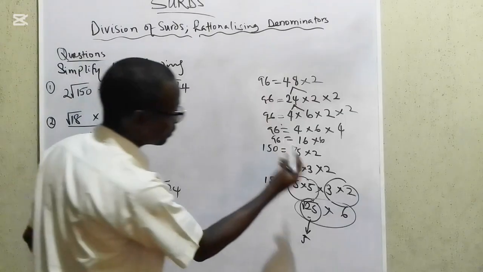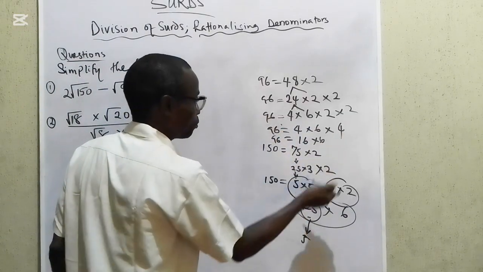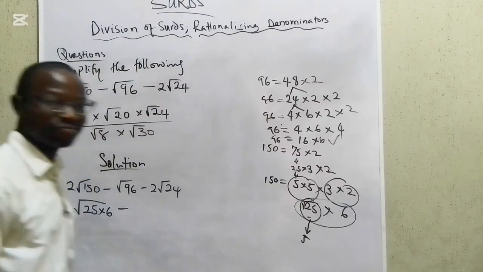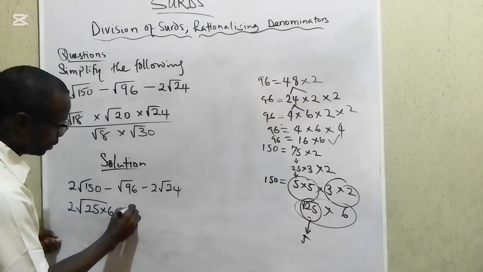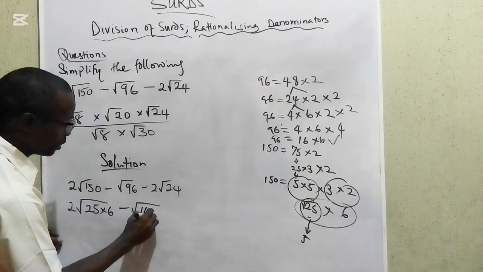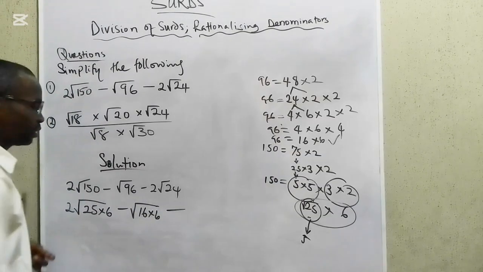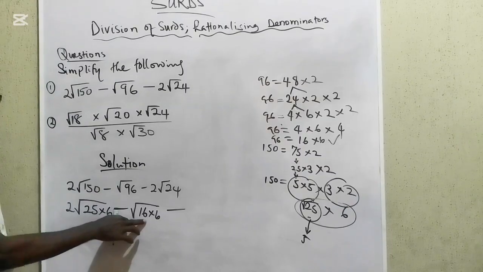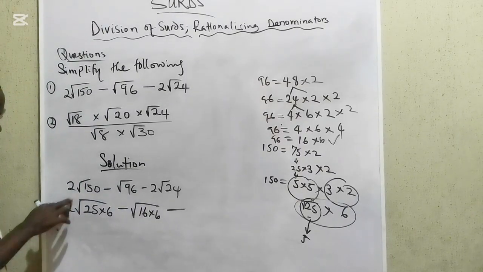But why don't we use this? Let's use that. So we're going to have it as the square root of 16 times 6. So 96 is now represented by 16 times 6. This minus sign is this. So this 2 is this.